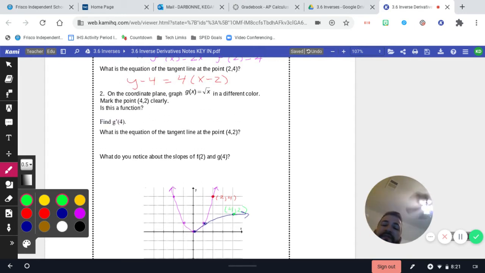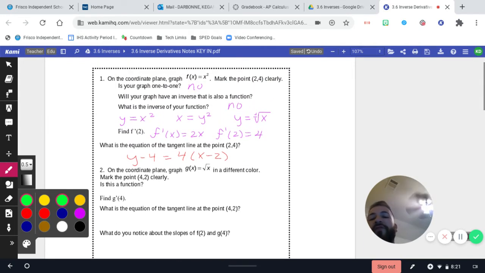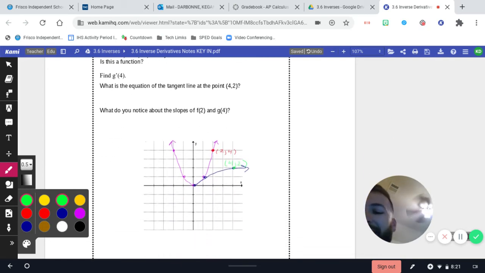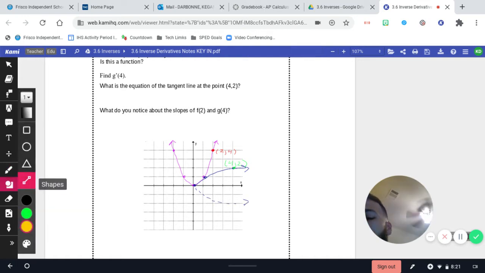Is this a function? Yes, the square root of x is a function. You might be saying, but Mr. Arbone, this is the inverse, and we just said the inverse is not going to be a function. Well, remember, we didn't graph our entire inverse. Our entire inverse would be positive and negative square root of x. If I added in the negative square root of x, that curve would fail the horizontal line test, which would mean it's not a function.